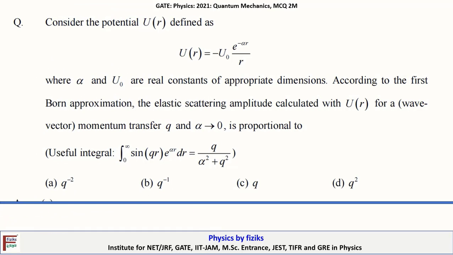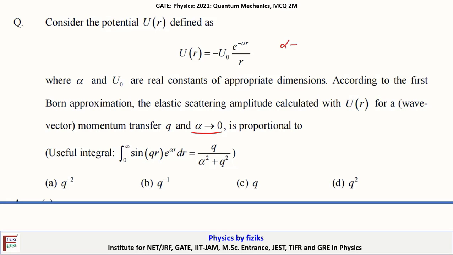This problem is related to a potential U0 e to the power minus alpha r by r. Now there are two ways to solve it: one is rigorous, another is a shortcut or approximation. The question is saying as alpha tends to 0.